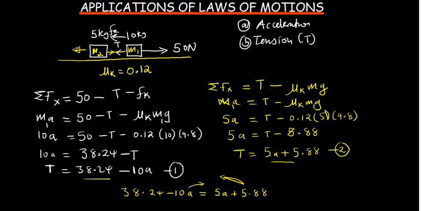If I take the 10a to the other side, it's going to be plus 5, that will be in a. To remain with the acceleration, divide both sides by 15. So 32.36 divided by 15, that will be about 2.16.